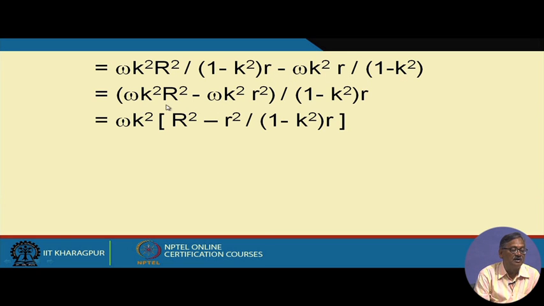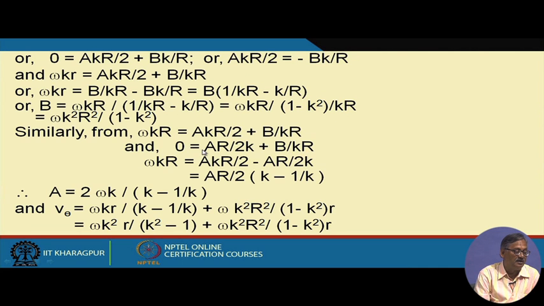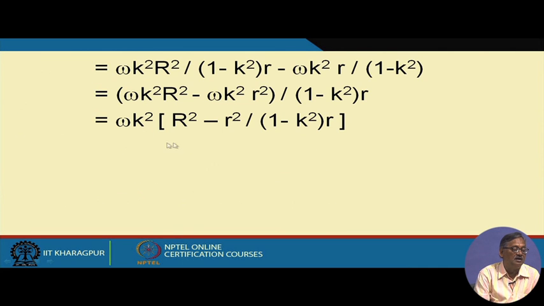So, v theta is equal to omega k square into R square minus r square over 1 minus k square into r.